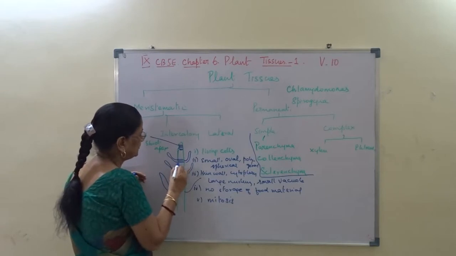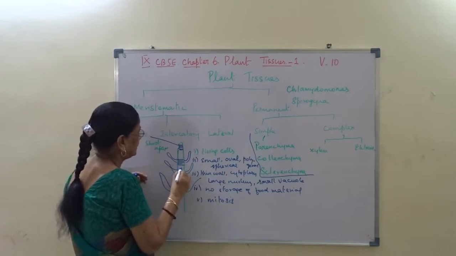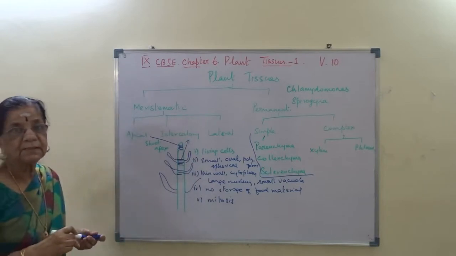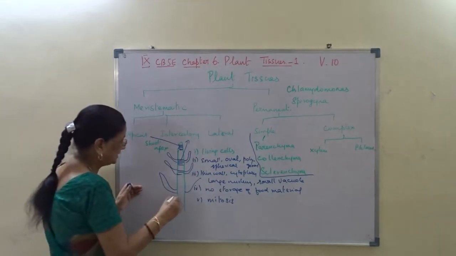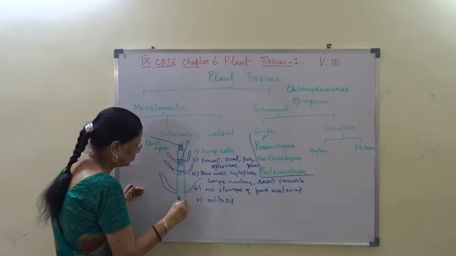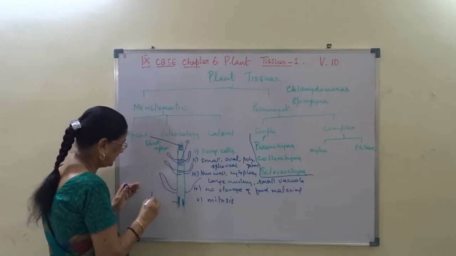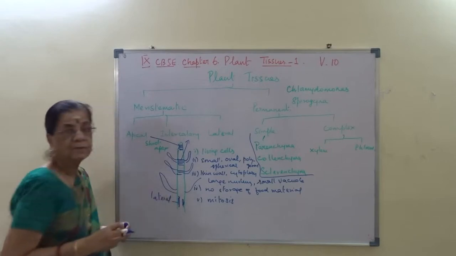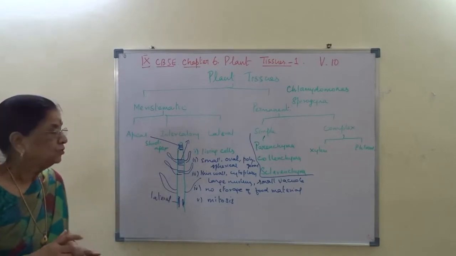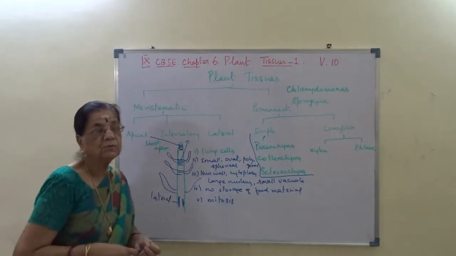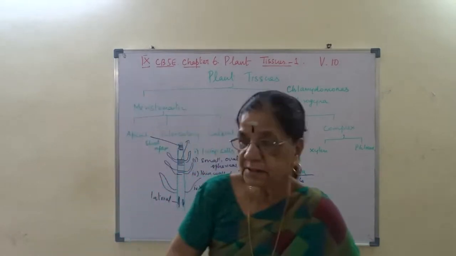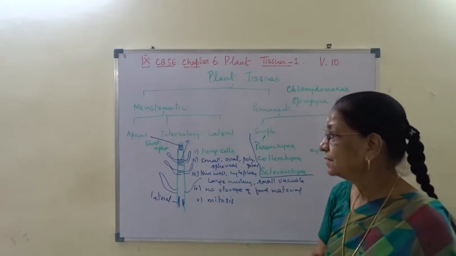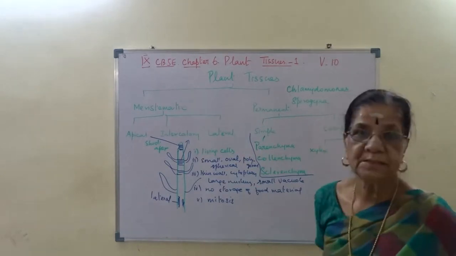This region will be the intercalary meristem. And on the lateral walls, the lateral meristem will be present. So this is the position of the meristematic tissue: apical meristem, intercalary meristem, and lateral meristem.